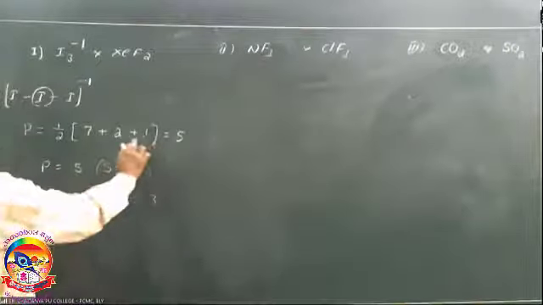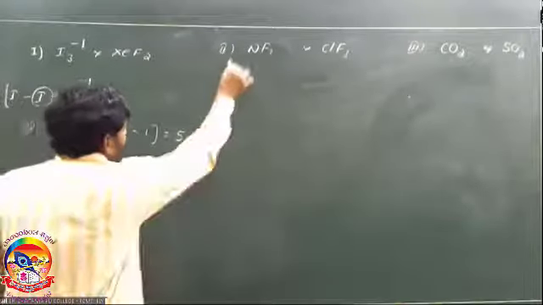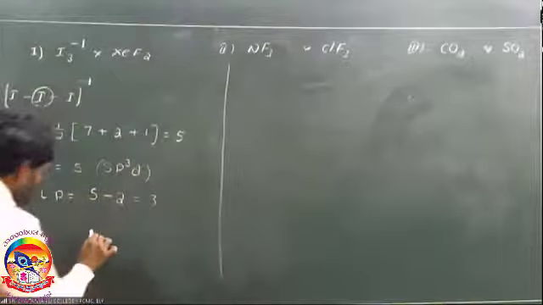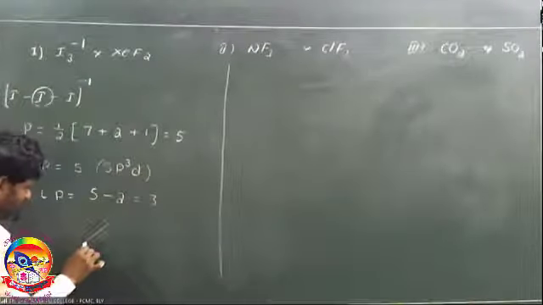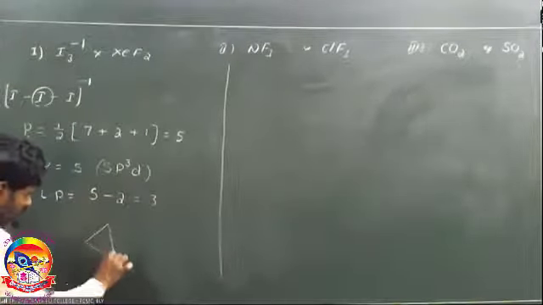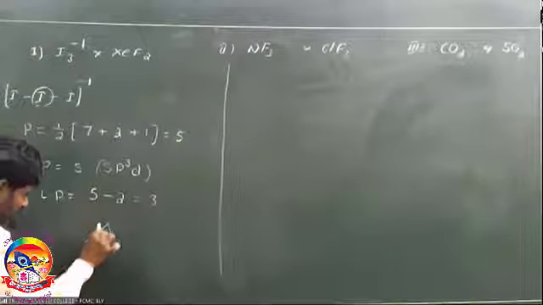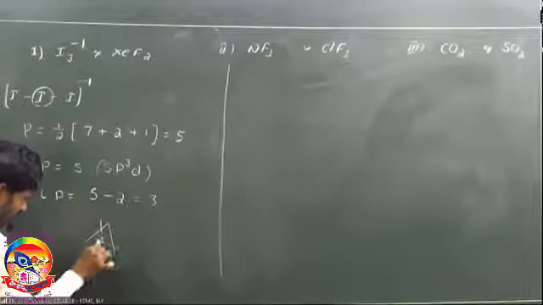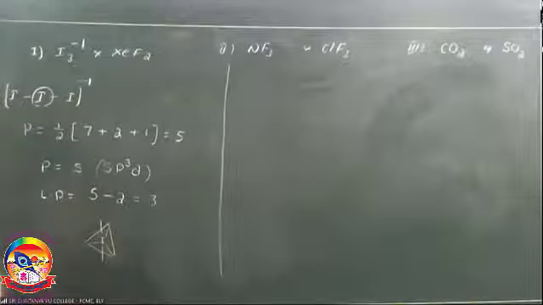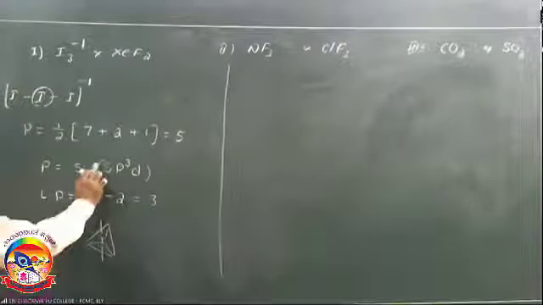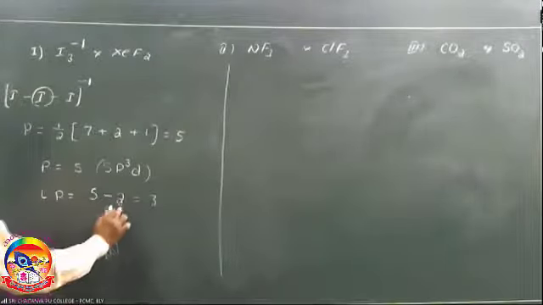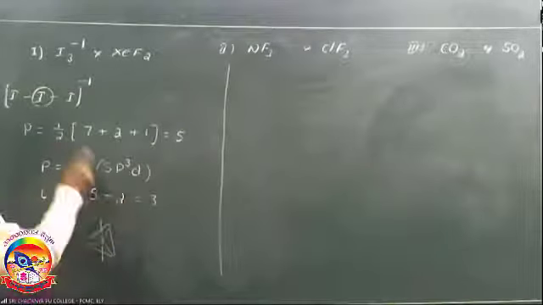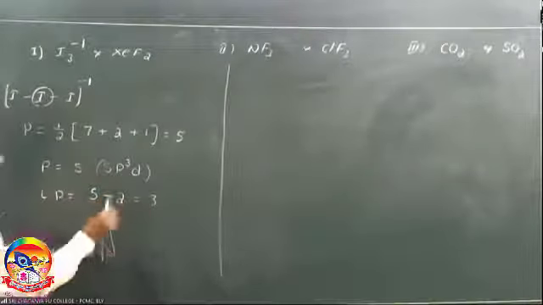So sp3d hybridization means trigonal bipyramidal geometry. The central atom is iodine. Out of 5 hybrid orbitals, only 2 are bonding atoms and the remaining 3 are lone pairs.